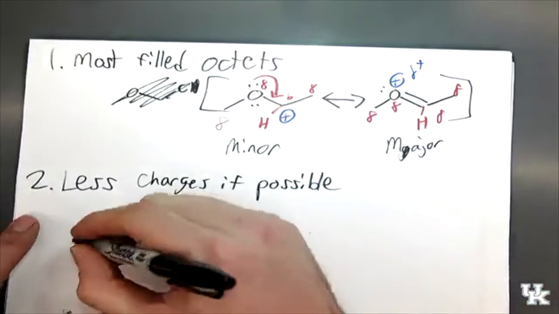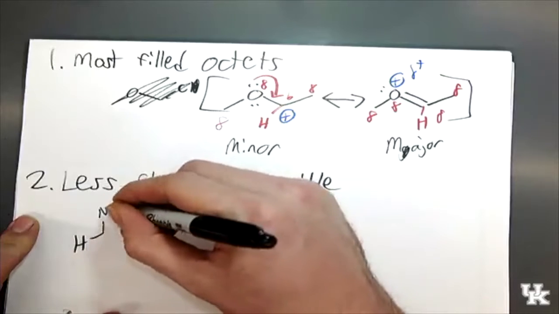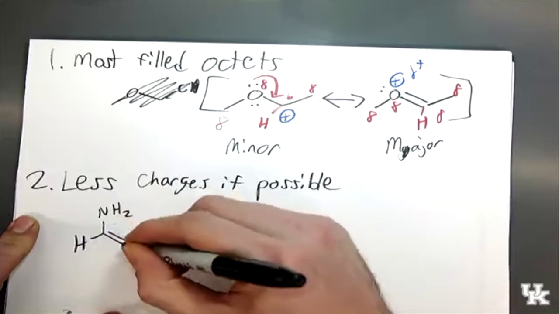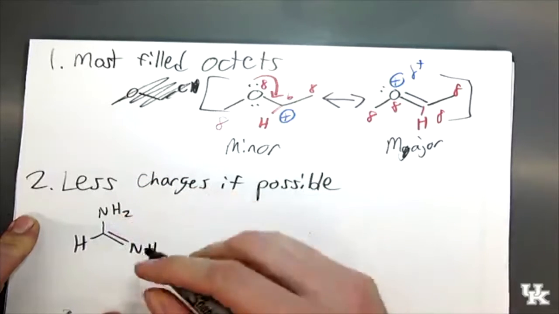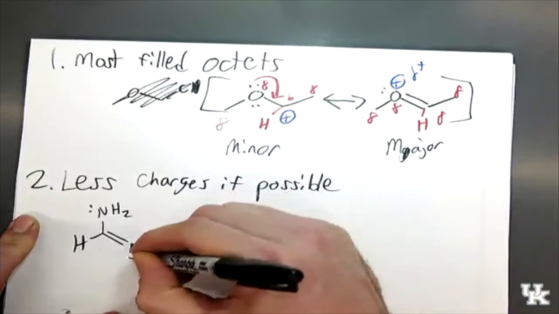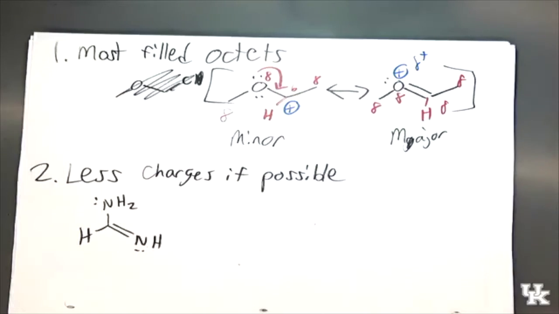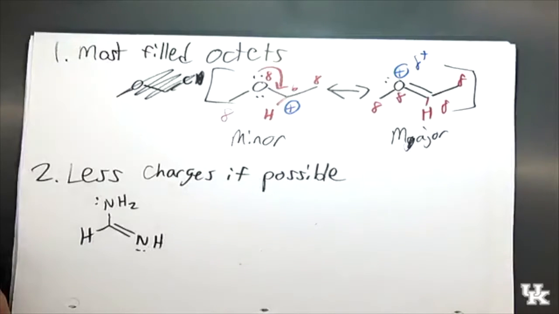If we draw a structure that looks like this, formamide, or formamidine, we can also make resonance structures that look pretty similar to what we had before, right?